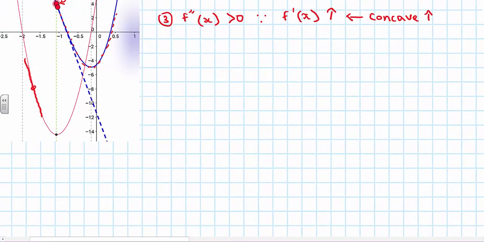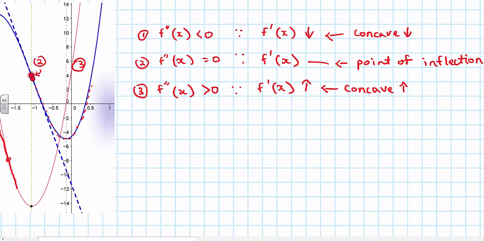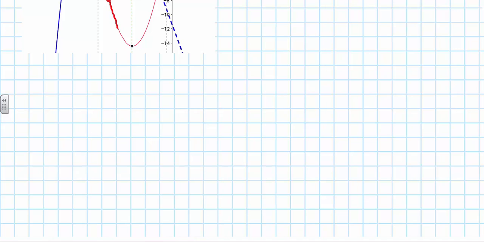So what does all of this look like? When we have a curve that goes like this, then even though the gradients are positive, they are reducing in value. The gradients are getting smaller and smaller and smaller.